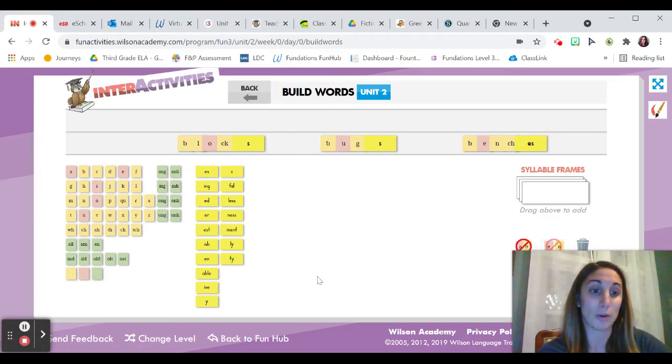So now you should know that sometimes to make a noun plural, you simply add the S ending, like in blocks or bugs. And it might sound like an S and it might sound like a Z. But there are other times, boys and girls, when you need to add the ES suffix to make a noun plural, like in benches.